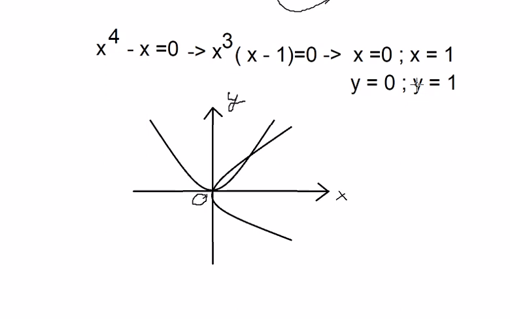And we know that we have x equal to 0 and x equal to 1, and the number 1 should be in here. And we want to find the intersection in here.